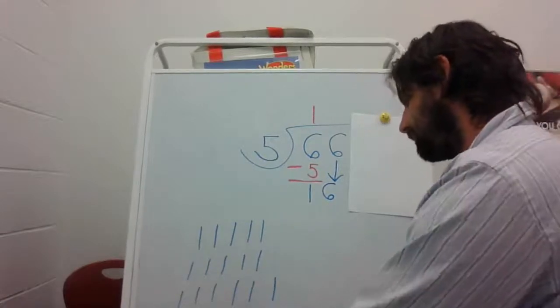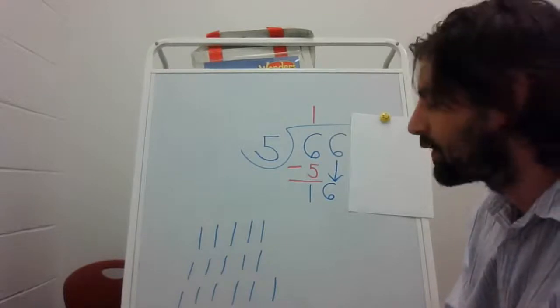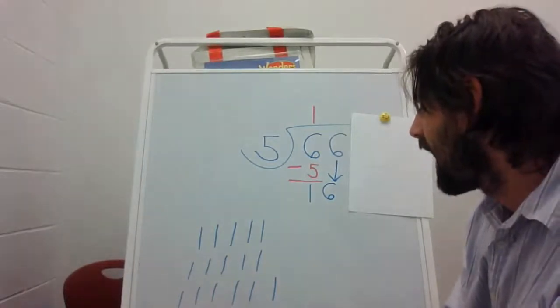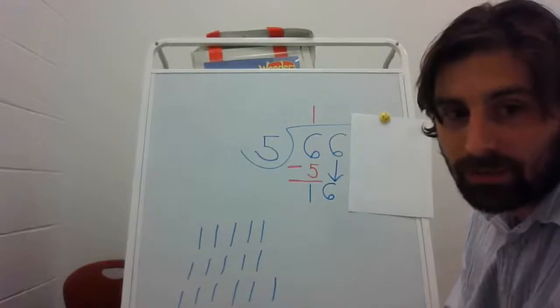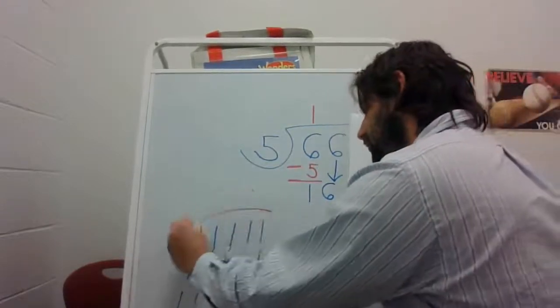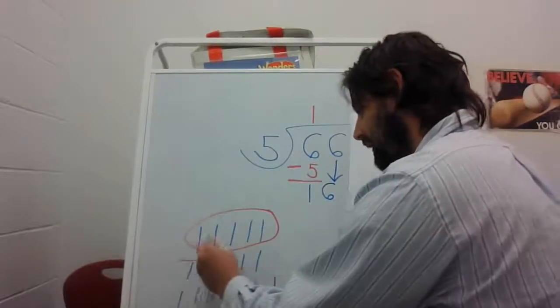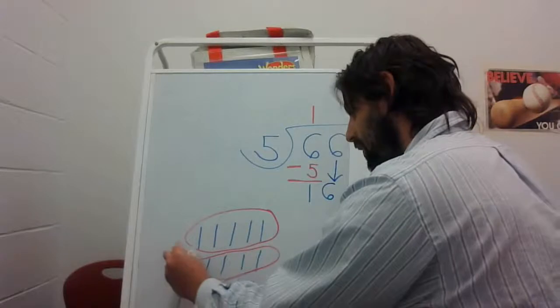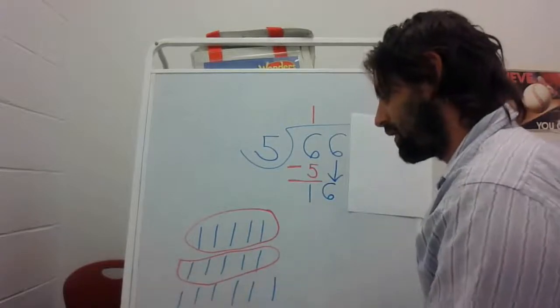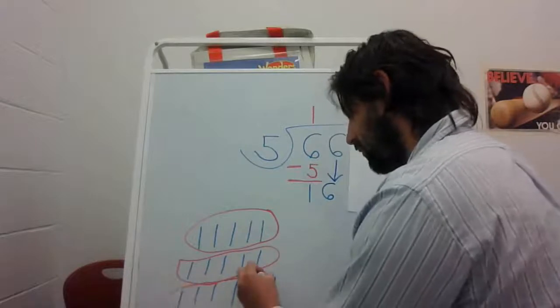All right. Now, every 5 tallies, I'm going to draw a circle around. We have to figure out how many groups of 5 we can get within the number 16. So I'm going to draw one circle around the first row of 5, a second circle around the second row of 5, and around the third row of 5, a third circle.